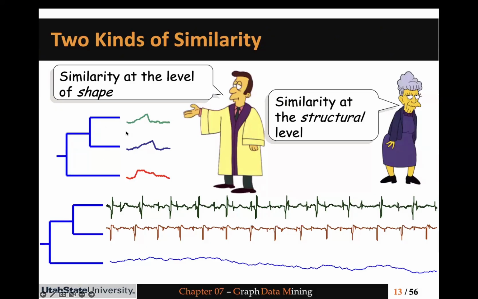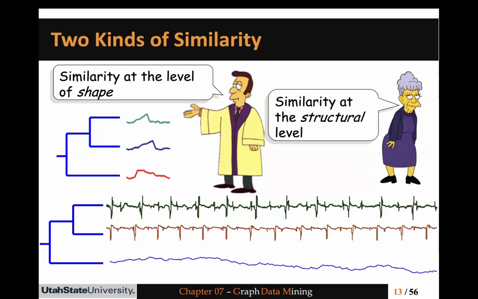So similarity at the level of the shape is totally based on a pairwise similarity between the time series and their values at the same exact times, right? I'm looking at the general shape of the time series, and it should look similar on average.